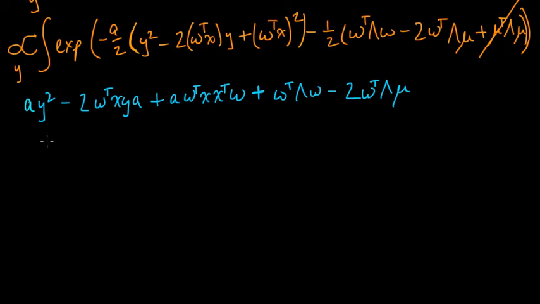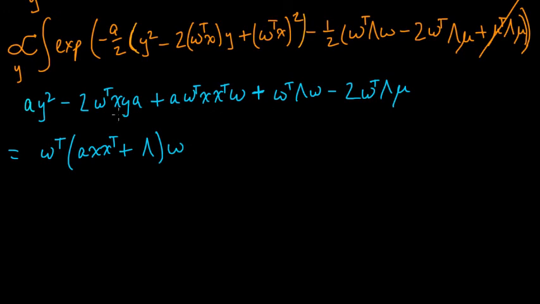Now what? We want to get this in the form of a Gaussian. So let's pull together the like terms, the quadratic terms and the linear terms. Let's pull together the W transpose terms. If we look at this one, we pull out W transpose, we get a x x transpose. And then we pull out W transpose from this one, we get lambda. Pull out W on the right from both of them.